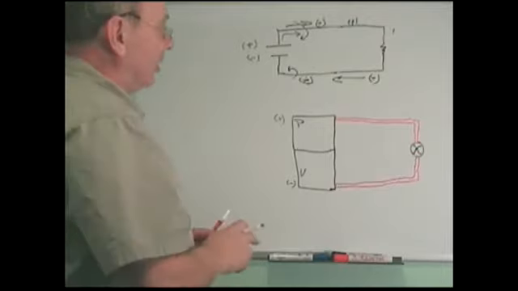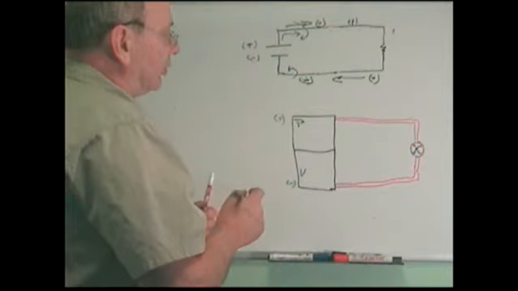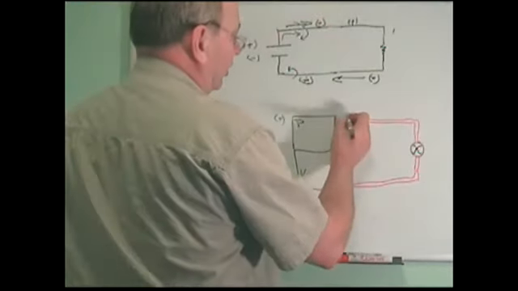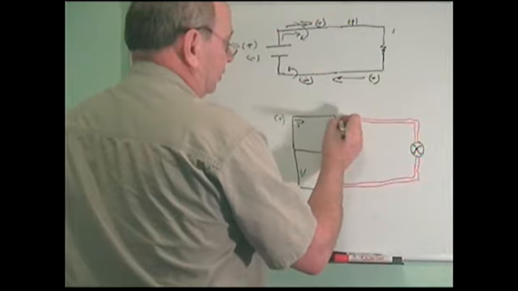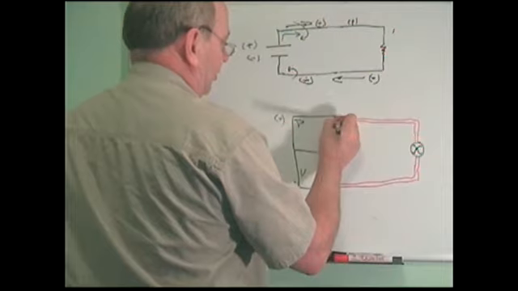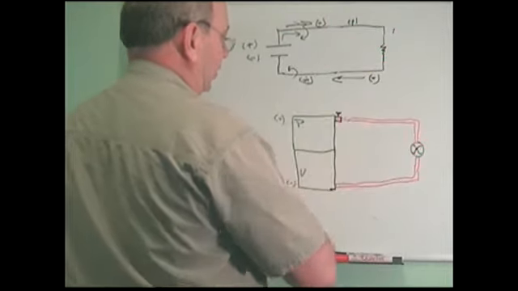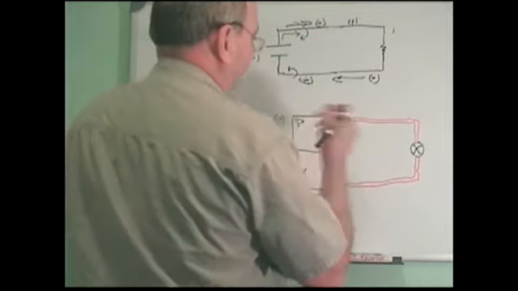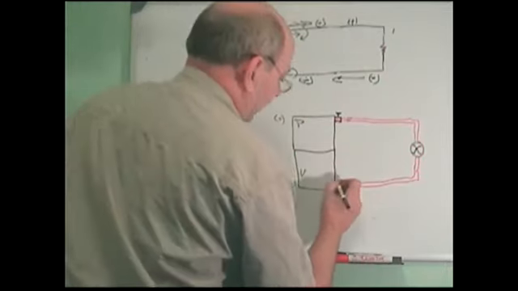Okay? So what we're going to do is we're going to put in here a valve. I'm going to put the valve actually right here off the side of the device.